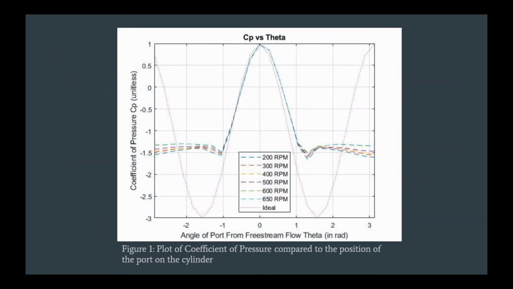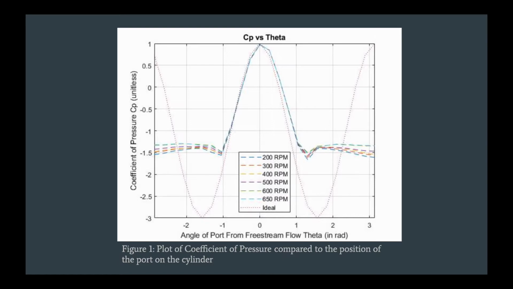Here we have the graph of coefficient of pressure versus the angle of the port that it was taken at. The dotted line shows the ideal solution of the potential flow equation, and the dashed lines show our various test samples as indicated by the legend. Obviously, as we didn't have inviscid flow, as has been mentioned, the plots do not match that ideal.